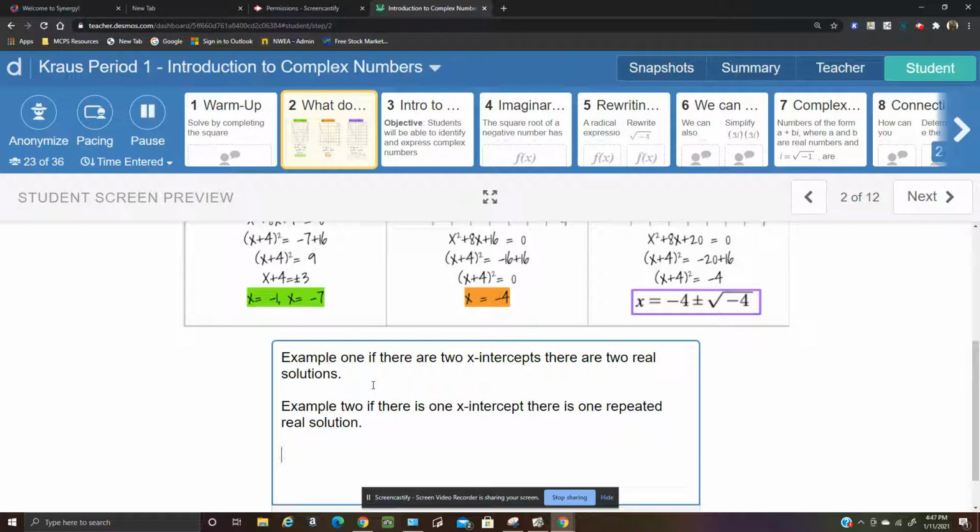Example 3. If there are no x-intercepts, there are going to be two complex solutions there.